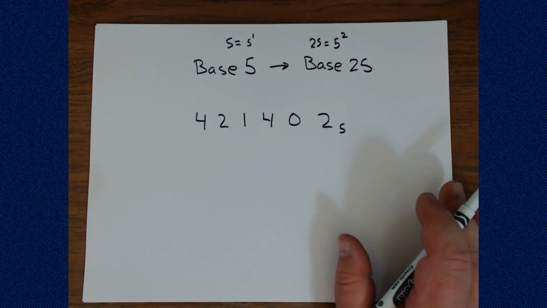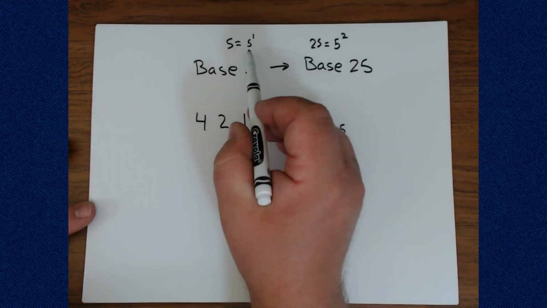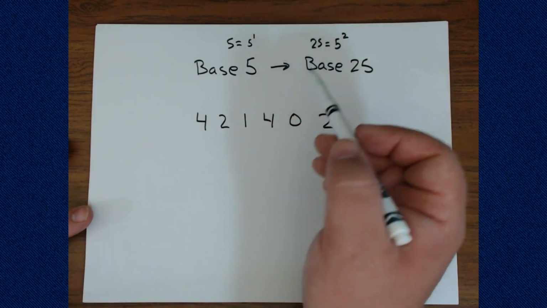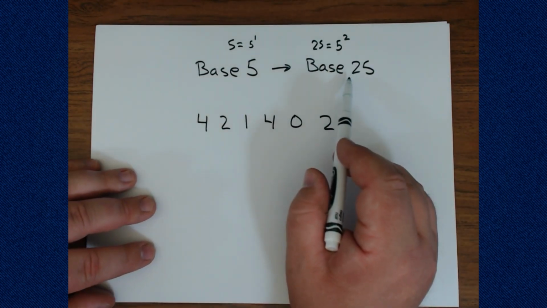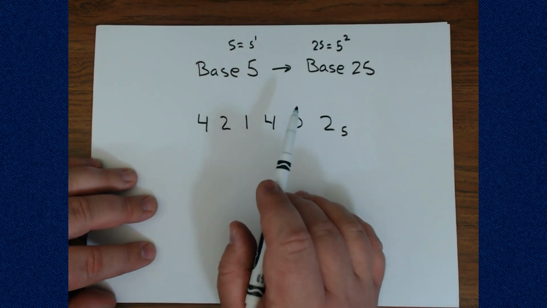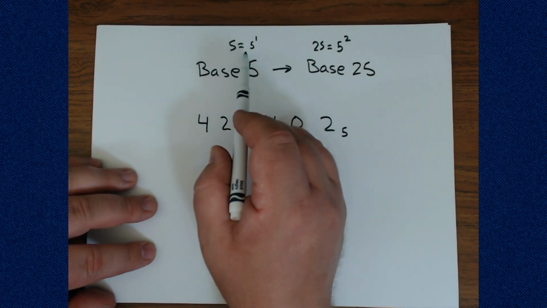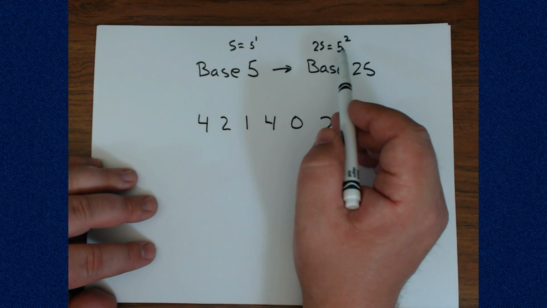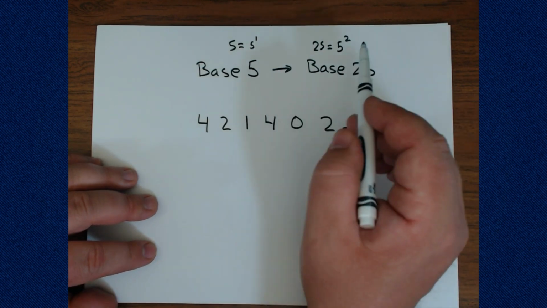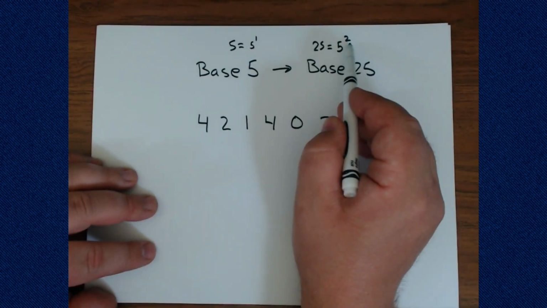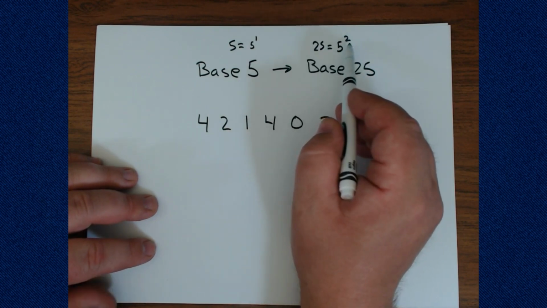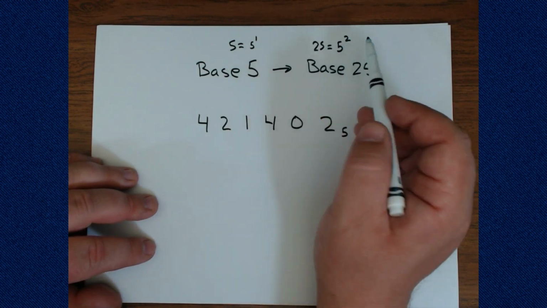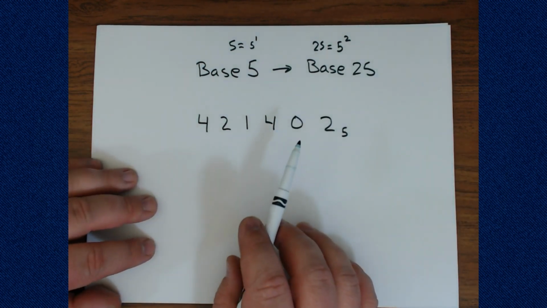Now they do have a common base, and one of them is the common base, which means to convert from base 5 to base 25, I don't have to go to an intermediary base. I can actually just go right from base 5 to base 25, because for every 2 digits in the original base 5 number, I will get 1 digit in base 25.